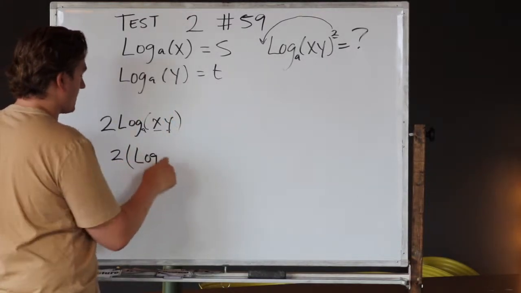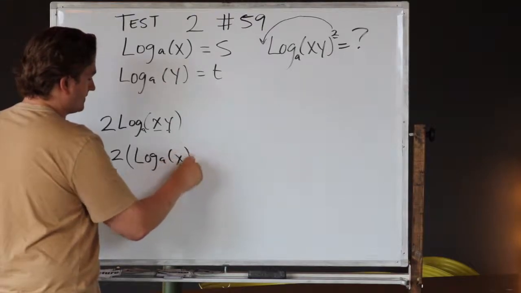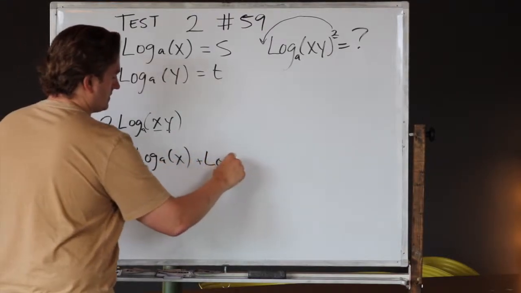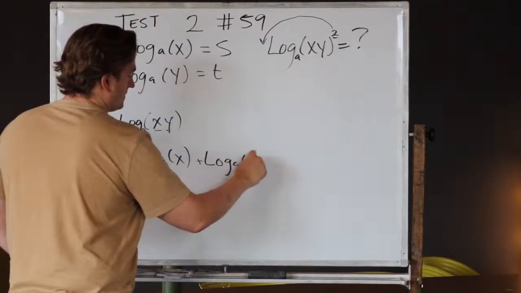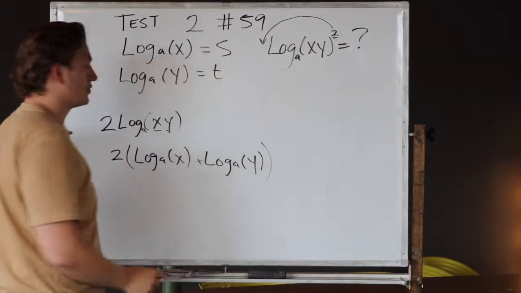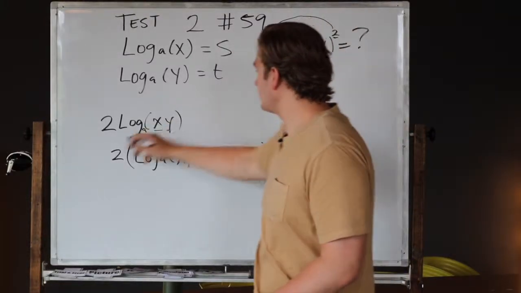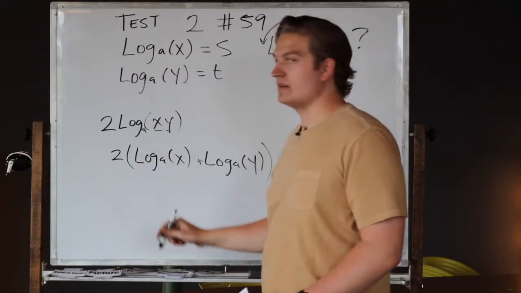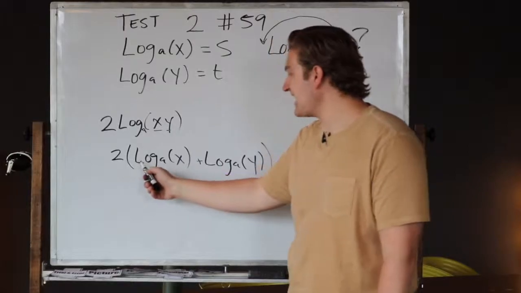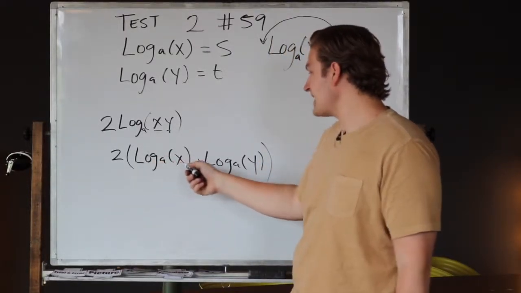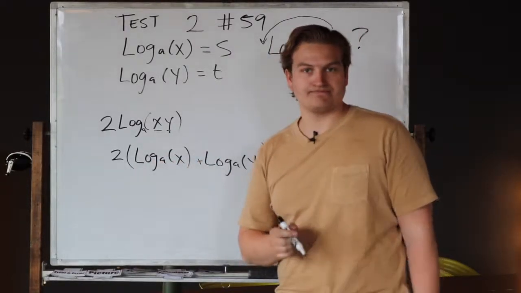There should be an A there, yeah. We can separate it into these two logarithms. Remember, we brought down the exponent, and then we separated into two different logarithms. We have 2 times the quantity log base A of x plus log base A of y.